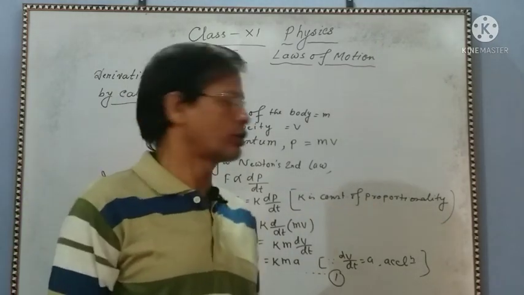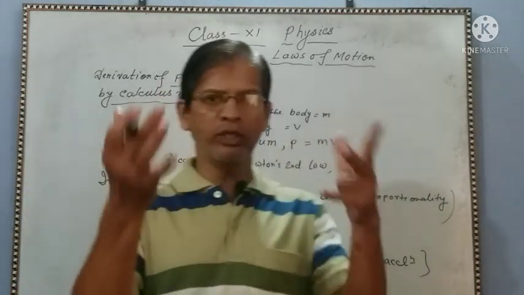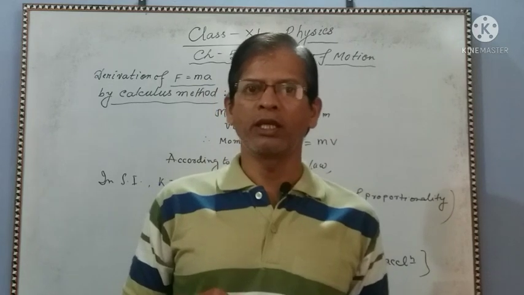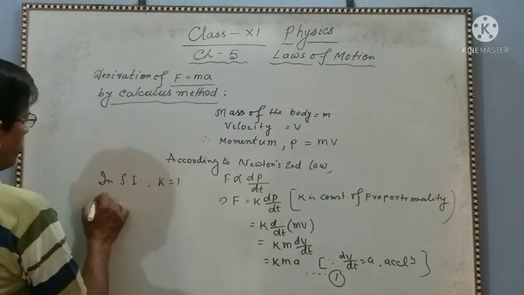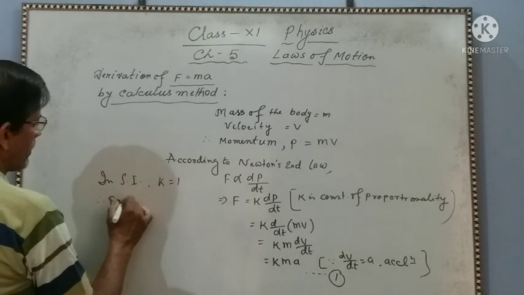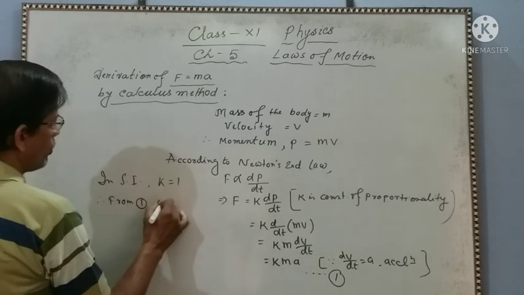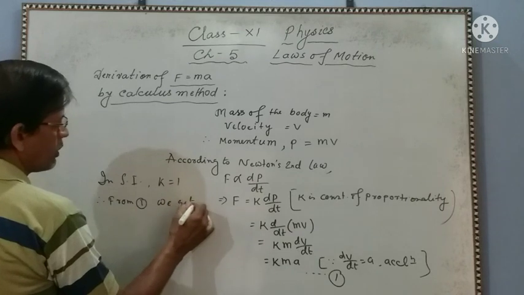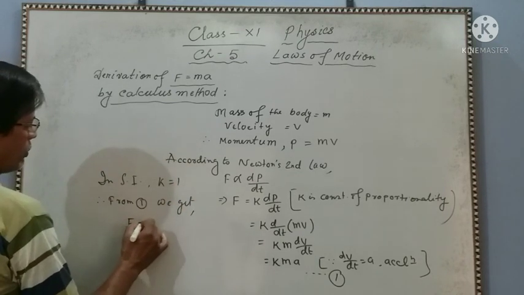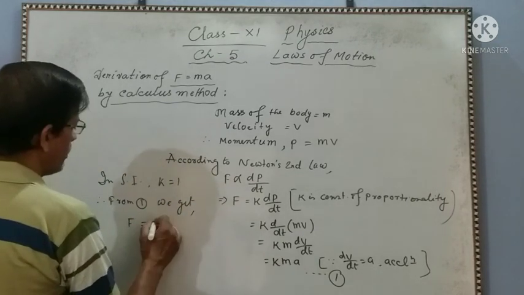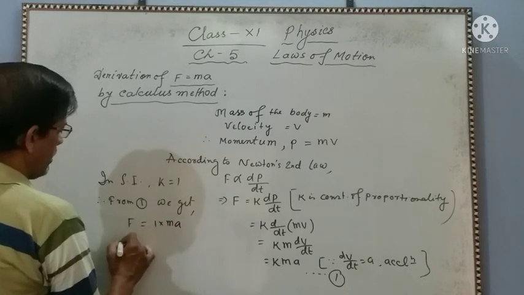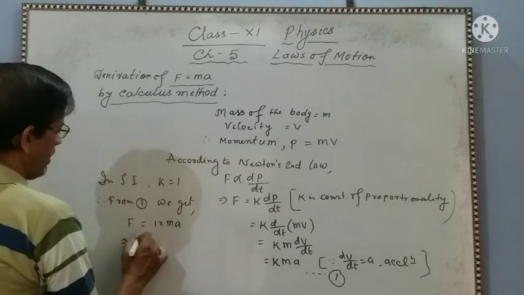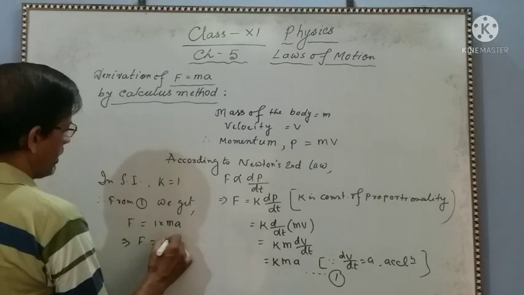The unit of this force is so chosen so that K is 1. So therefore from equation 1 we get F equal to 1 into ma, F equal to ma.